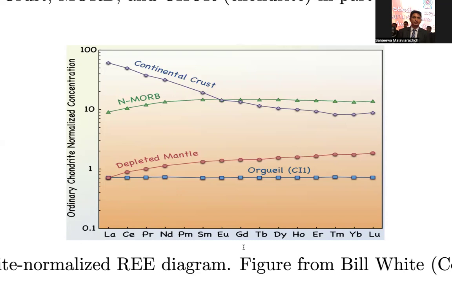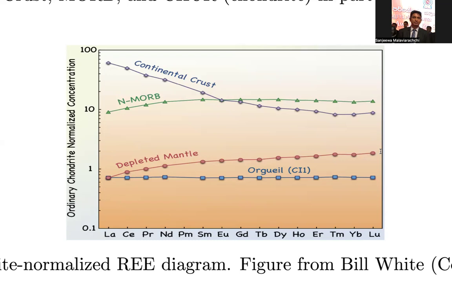So in that case, in this diagram, you must have light rare earth element depleted pattern here, like this, right? Okay, so you can draw it slightly bulging downwards and more or less very flat.